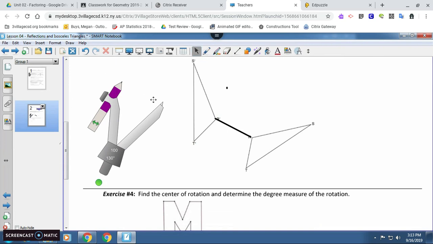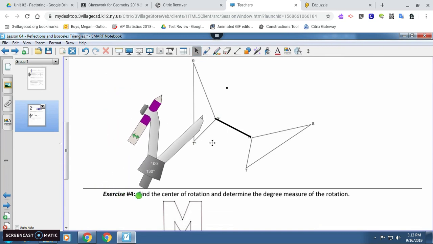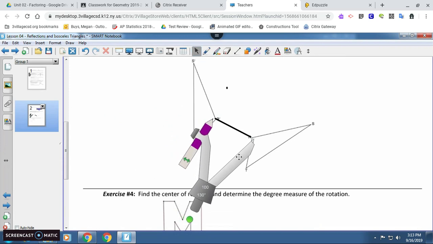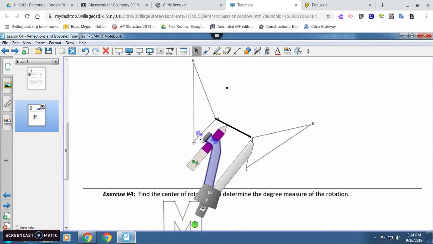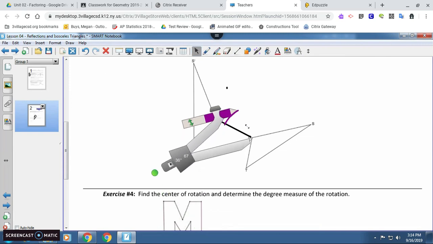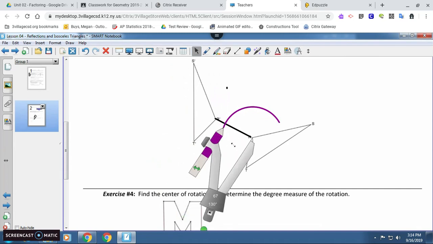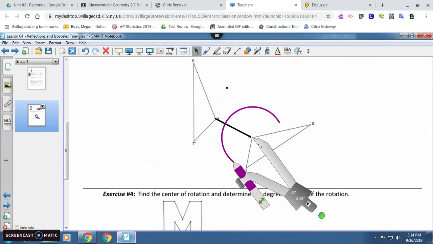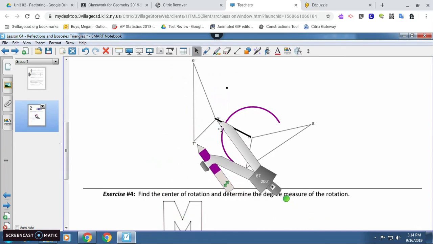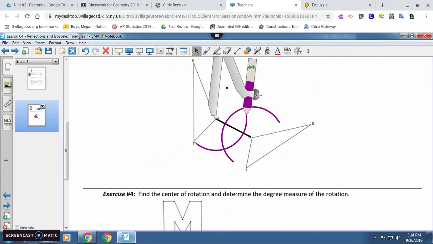Once I have that, I'm ready to go into my compass, the same construction that we just did. So we can start at either endpoint of R or R prime. I want to make sure I'm stretched out at least more than halfway. As long as I'm more than halfway, I feel comfortable. So I'm going to make an arc on both sides. And then I'll make an arc on both sides as well.